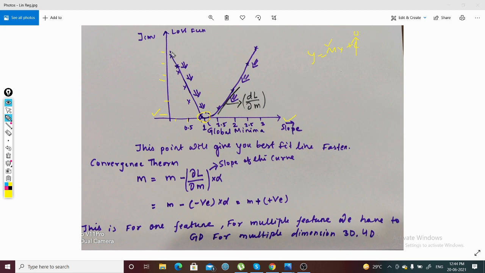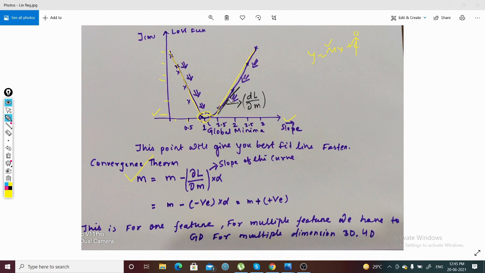I know the graph is not well plotted, but I think you can manage. How we are going to reach the global minimum here is the main point. This is the convergence theorem that we are going to calculate.